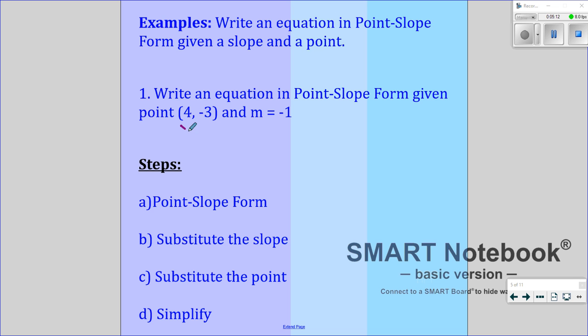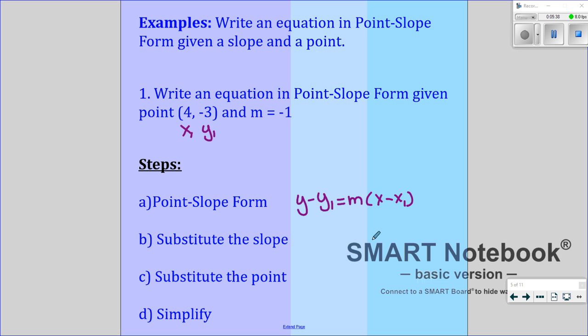This one is our x1, y1, and our slope is already m, which is -1. Now the first step is to write the point-slope form. So our point-slope form is y minus y1 equals m times x minus x1.